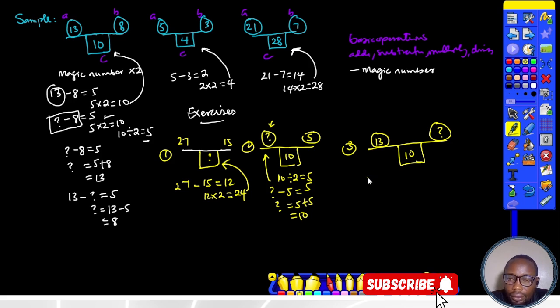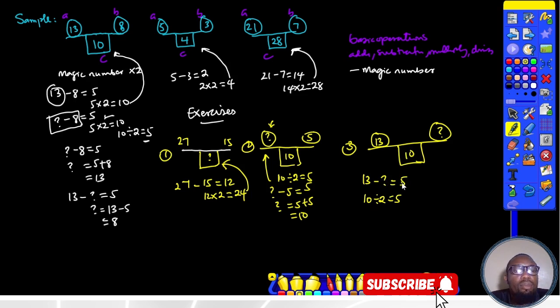Now, here in number 3, which is the last one for this sample, we're going to have 13 minus a missing number. The answer we get multiplied by 2 and we get a 10. So the answer is what you get when 10 is divided by 2. You have a 5. So this has to be 5. Now, we have to have 13 minus a number to get 5.